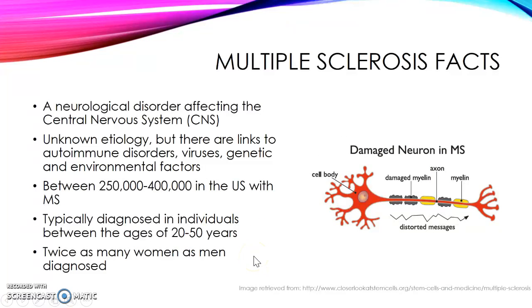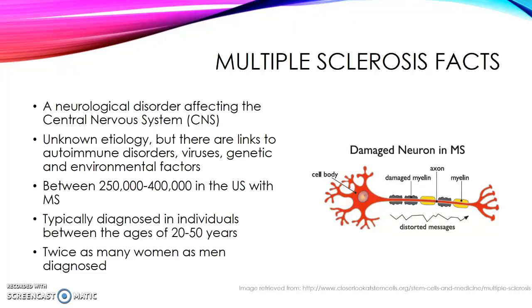Multiple sclerosis is a neurological disorder affecting the central nervous system, and specifically it affects the myelin sheath of the axon. There's unknown etiology, but there are links to autoimmune disorders, viruses, genetic and environmental factors. There are between 250 and 400,000 people in the United States that have been diagnosed with multiple sclerosis.